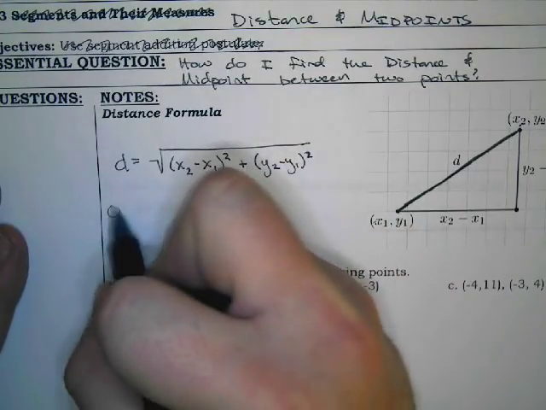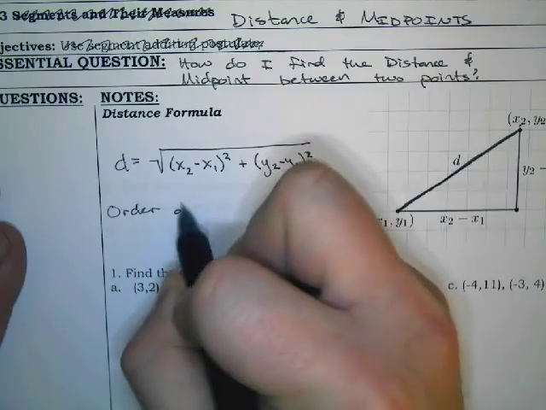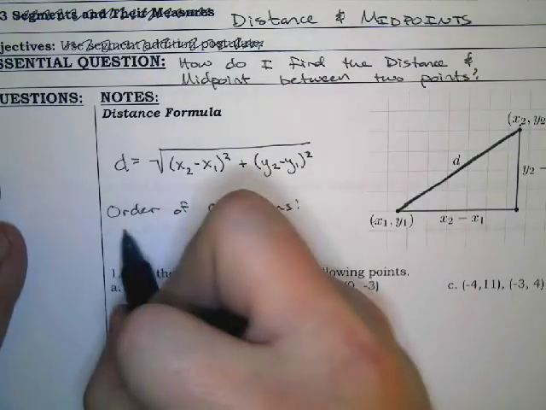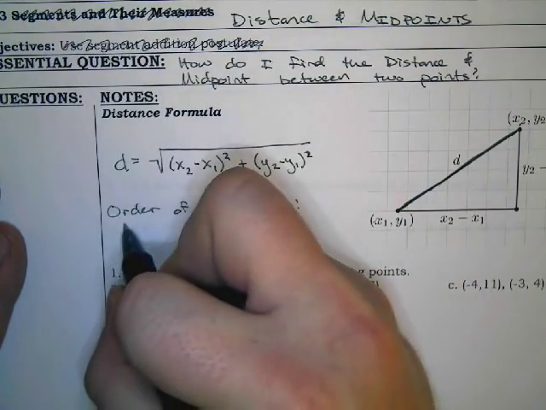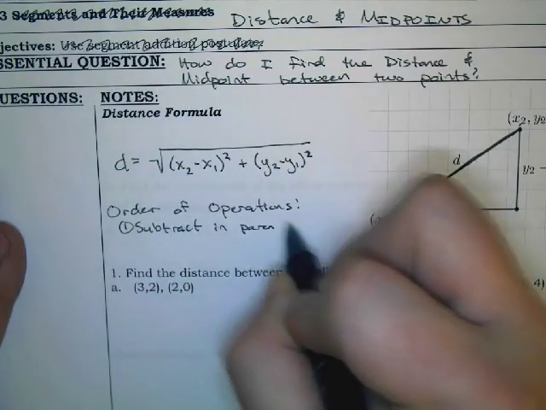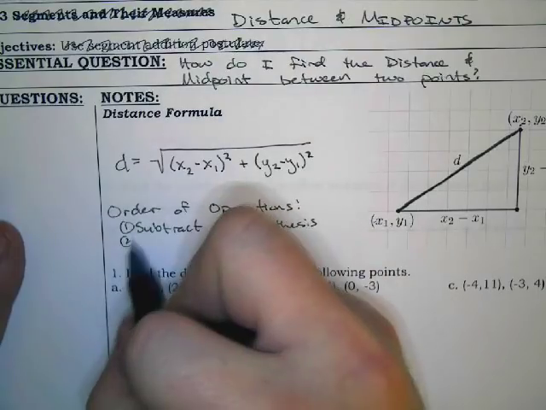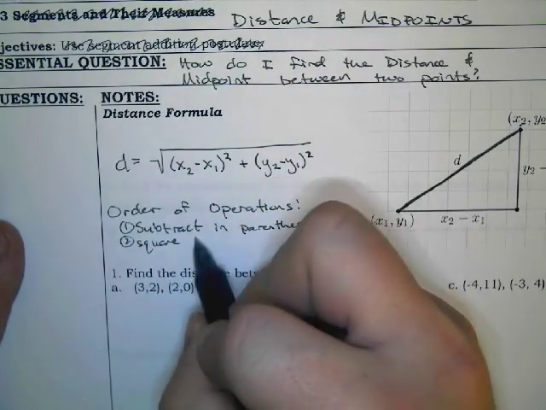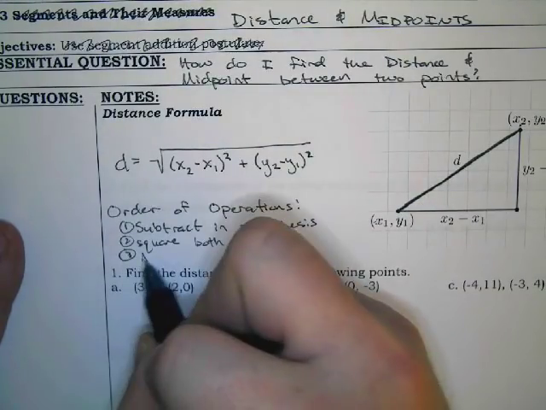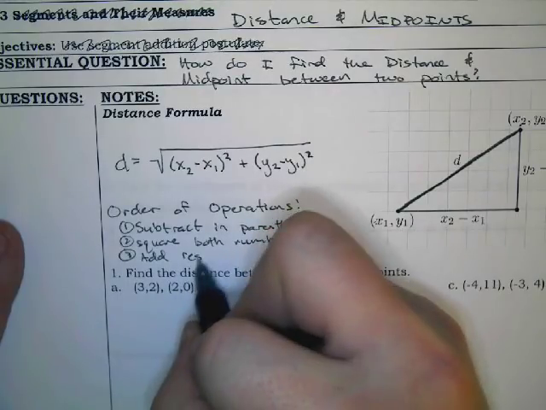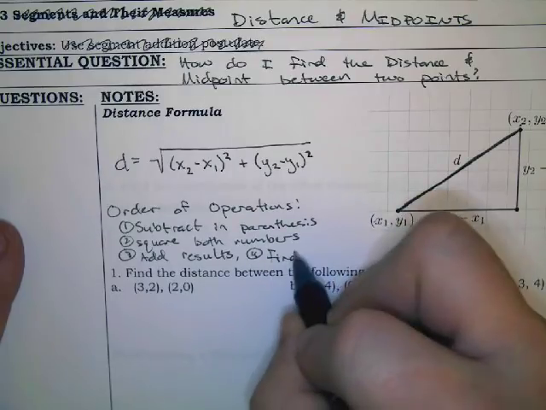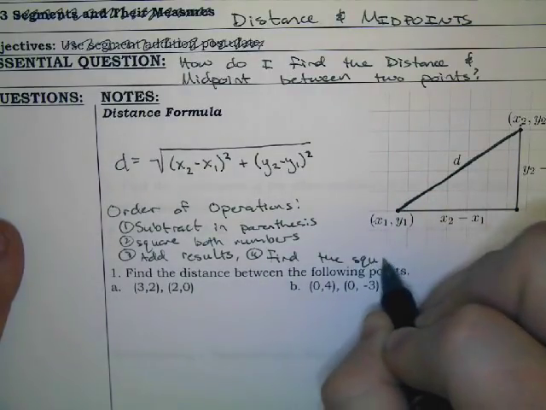So order of operations: parentheses, subtract in parentheses, square both numbers, add results, and find the square root.